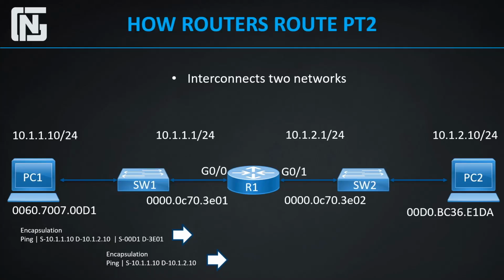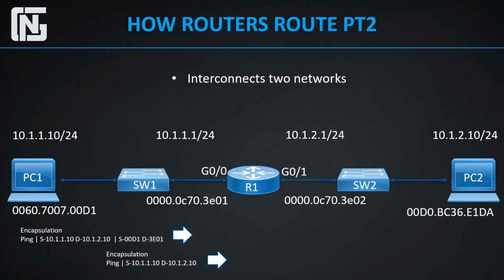When R1 receives the traffic, it strips off the layer 2 header and exposes the layer 3 header. It looks at the destination IP address, 10.1.2.1, and says, hey, that's a connected interface for me, so I know how to reach that.